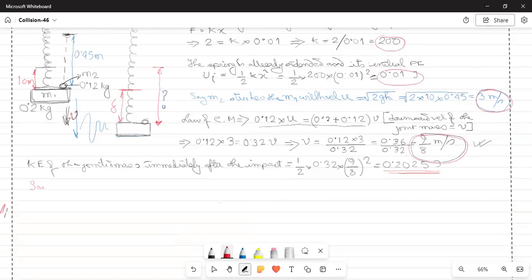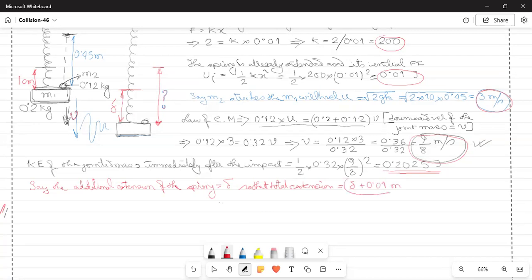Say the additional extension of the spring is equal to delta, so that the total extension is delta plus 0.01 meter.